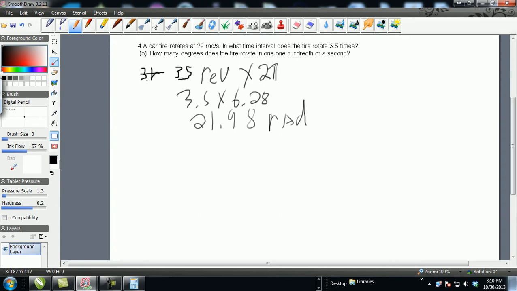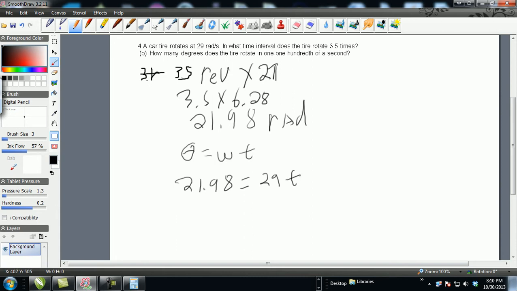This radians is how far it rotates. You have a time and you have an omega. So you know theta is equal to omega t, right? We have 21.98 radians equals 29 radians per second times t.